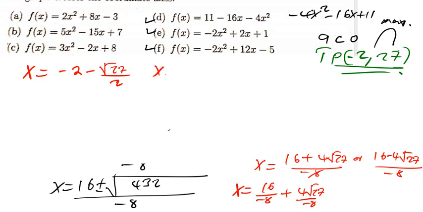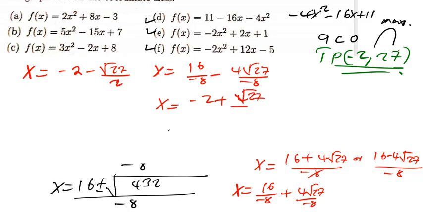X will be equal to, so for this other one, it will be still 16 divided by negative 8 minus 4 root 27 divided by negative 8. So x will be equal to, for this one it will be still negative 2, then plus root of 27 over 2, not 4.